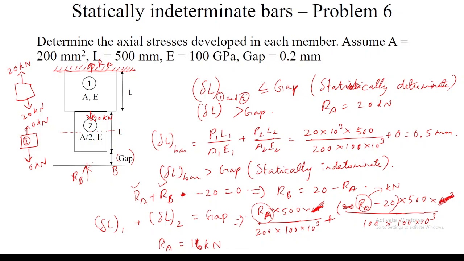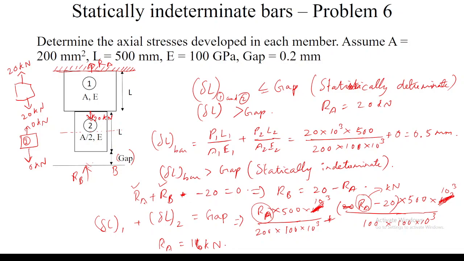If I am substituting the force in newtons, then I should multiply by 10 to the power of 3. Since I haven't multiplied here, I can directly say RA in kilonewtons. This is all convenient to your unit system, in whichever unit you want to work, you can work like that.